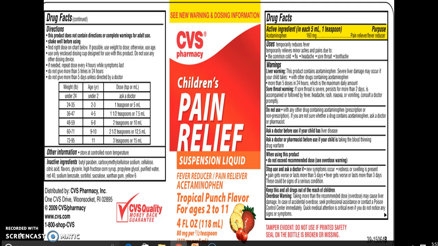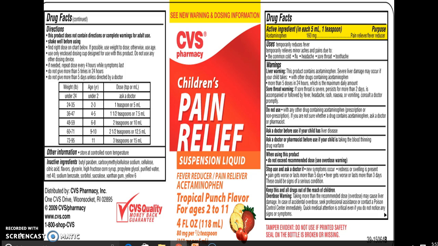It has a do not use section, and it should not be used with other medication because that will add to it, other drugs that contain acetaminophen, leading to the problem of liver destruction. It should not be used if the child has liver disease, since it is metabolized within the liver. Ask a doctor or pharmacist before use if the child is taking a blood thinner, such as the drug warfarin.